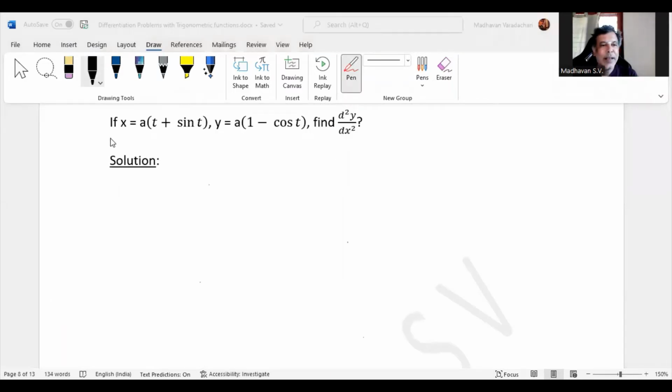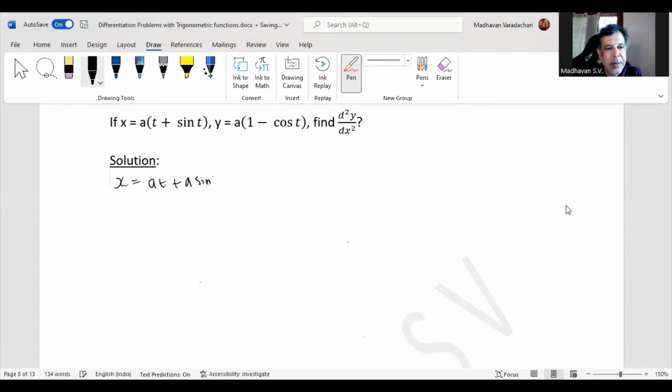If x equal to a times t plus sin t, y equal to a times 1 minus cos t, find d2y by dx square. So first of all, we will rewrite this x as x is equal to at plus a times sine t, which means our dx by dt will be a plus a times derivative of sine t is cos t.